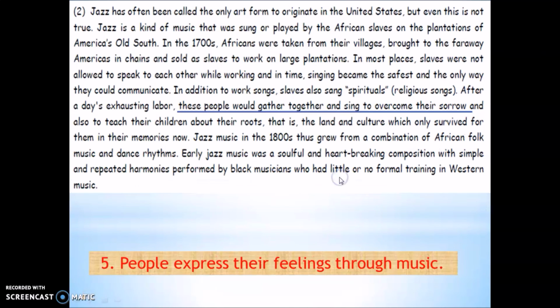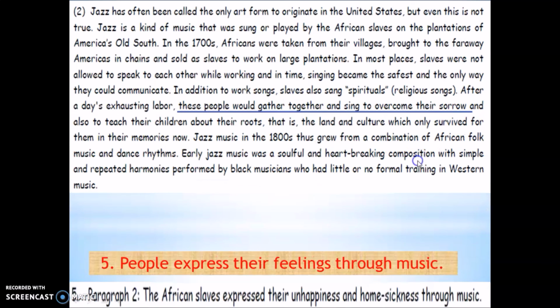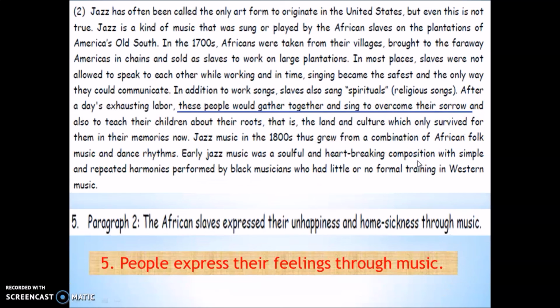So it is possible to infer that they had neither the time nor the chance for any kind of education. People express their feelings through music. Yeah, African slaves expressed their unhappiness and homesickness through music. We can understand that. In order to forget about their sorrow, forget about their unhappiness, they just got together and sang songs.